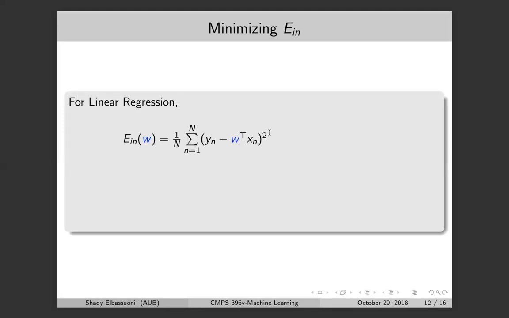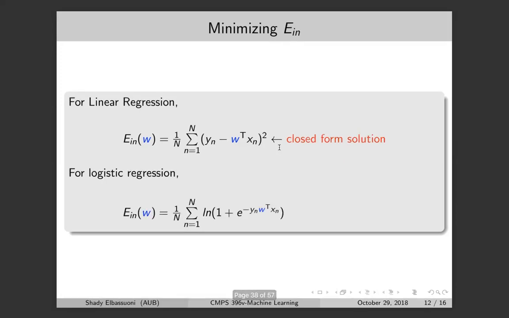And that led me to the pseudo inverse, so a closed form solution. We took the derivative with respect to W, set it equal to 0, isolated W on one side, and got the pseudo inverse times Y. That's the value of the weights. So we got a closed form solution.